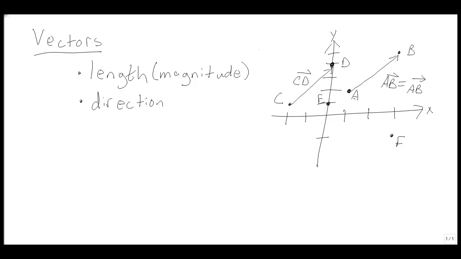They're also going to have the same length or magnitude because they're really the same vector. And so this is maybe one of the weird things about vectors, that we're going to say that AB and CD are actually the same vector. So even though they're in different spots, we're still going to call these the same vector here.